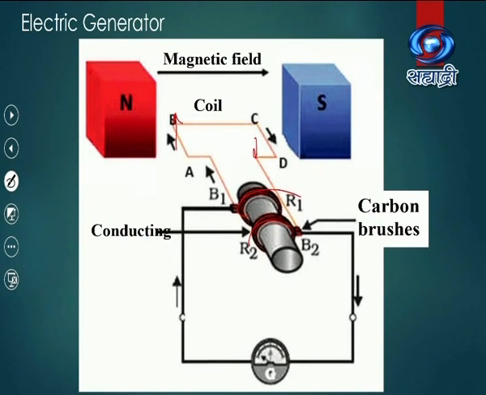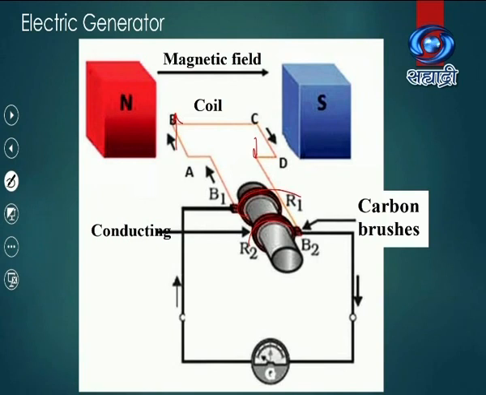After half a rotation, AB and CD will interchange their places, and the direction of induced current will be DCBA, like this. AB is always in contact with brush B1 and CD is in contact with brush B2. So in the first half rotation, the direction of current is from B2 to B1, and in the second half rotation, the direction of current will be from B1 to B2. So this repeats after every half rotation and alternating current is produced.